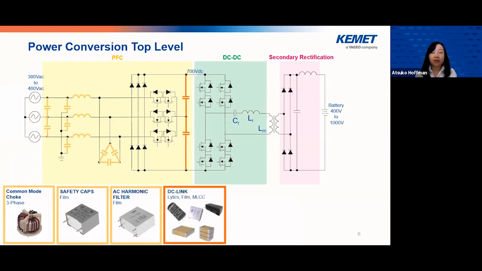We also offer DC link caps in electrolytic, box film, and custom brick film capacitors. We recently started seeing a trend to use MLCCs in DC link applications due to the adoption of wide-bandgap semiconductors.